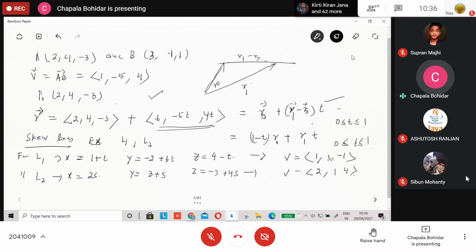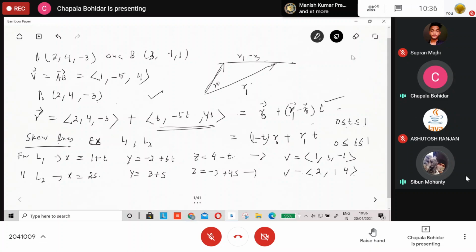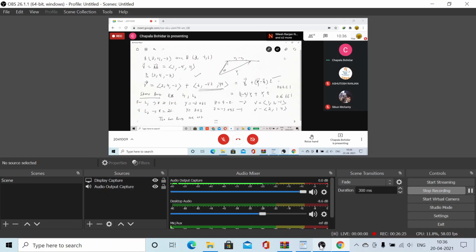So are these two vectors parallel? Is one a scalar multiple of the other? No, ma'am. So what do you say? The two lines are not parallel.